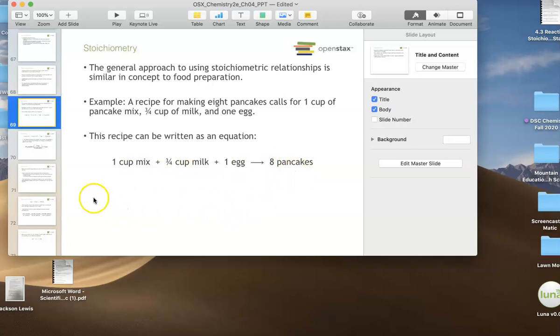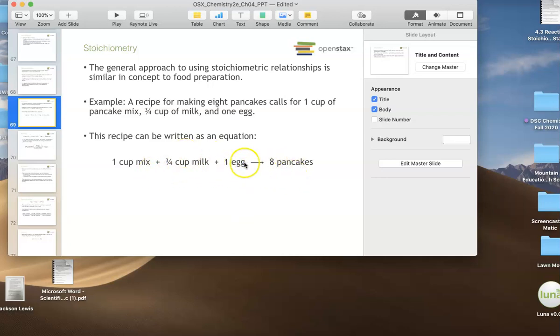Chemistry is very similar in that fact. We're going to have a balanced chemical reaction. It tells us the ratio. For every 1 cup of pancake mix, I need 3/4 of a cup of milk. For every 3/4 of a cup of milk, I need 1 egg. For every 1 egg, I produce 8 pancakes.